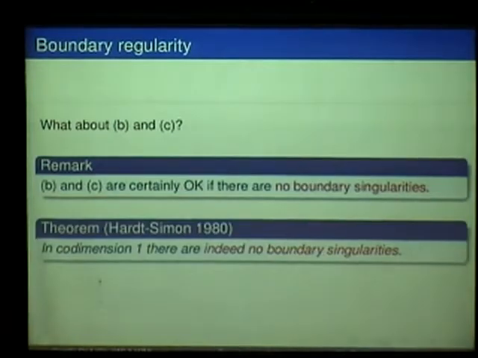There is a classical result by Hardt and Simon in 1980 which tells you that in codimension 1 there are no boundary singularities. So in codimension 1 the solution of the oriented Plateau problem is always fully regular at the boundary. Now for me, regularity means that there is a neighborhood of your point in which what you're going to see is a manifold.